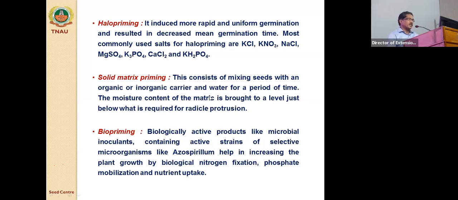It will permit the seeds to imbibe, but not to germinate. In such a solid matrix, we mix the seeds and keep them for a prescribed duration. That is called solid matrix priming.